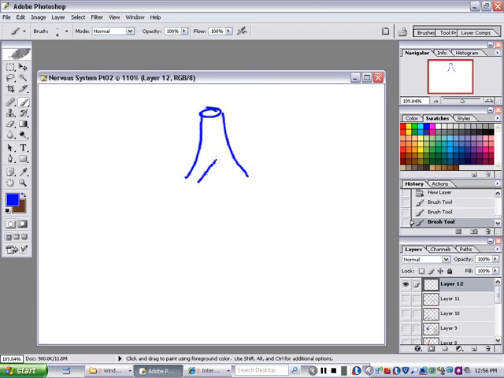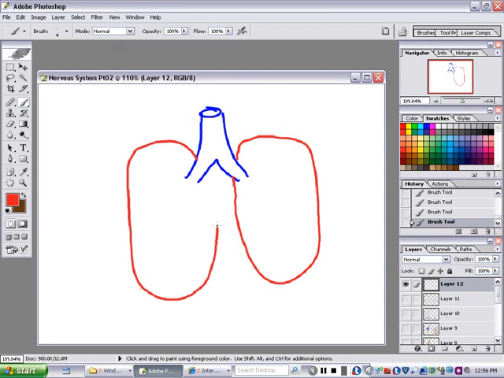Let's see if you know what this organ is. Exactly. Okay. We have our lungs, and in our lungs we have our bronchi. Now, in the lungs, our bronchi have a certain diameter.